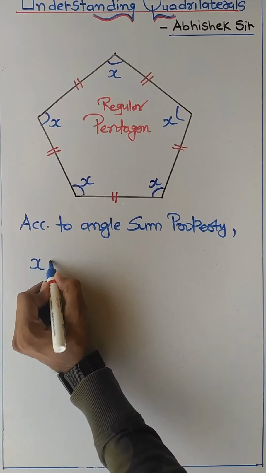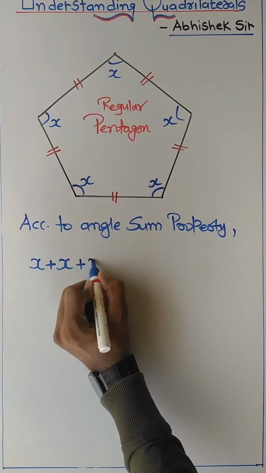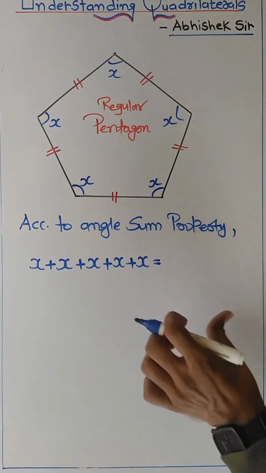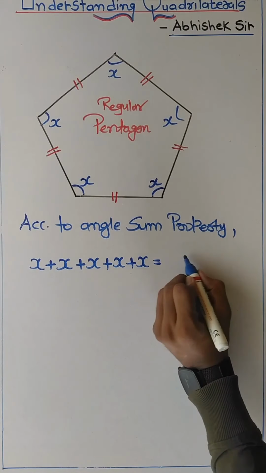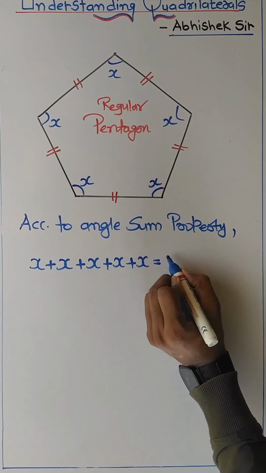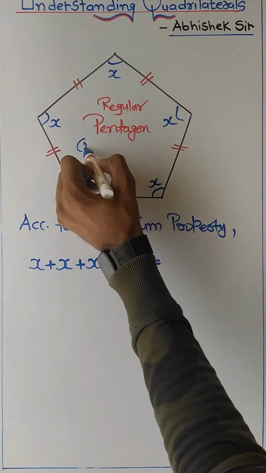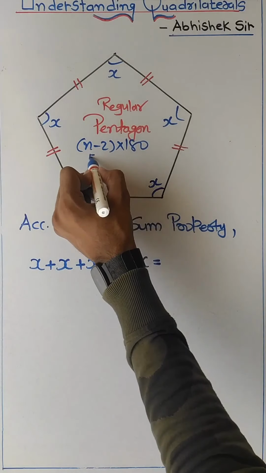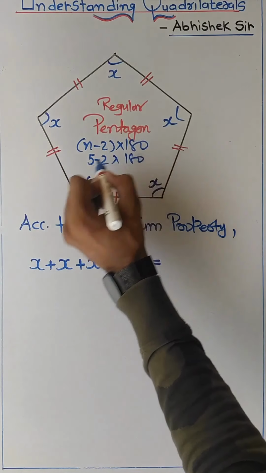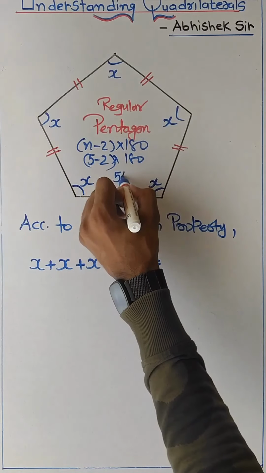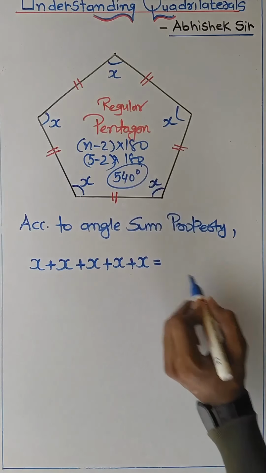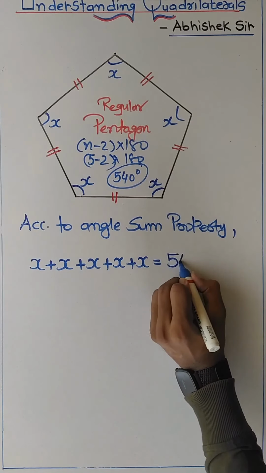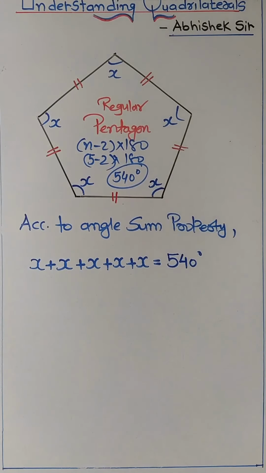So all 5 angles, x plus x plus x plus x plus x, will give us the angle sum, right? So what is the angle sum of a pentagon? According to this law, (n minus 2) into 180, so that is (5 minus 2) into 180, and this will be nothing but 540, as we have already done in the earlier figure. So this will be 540, right?